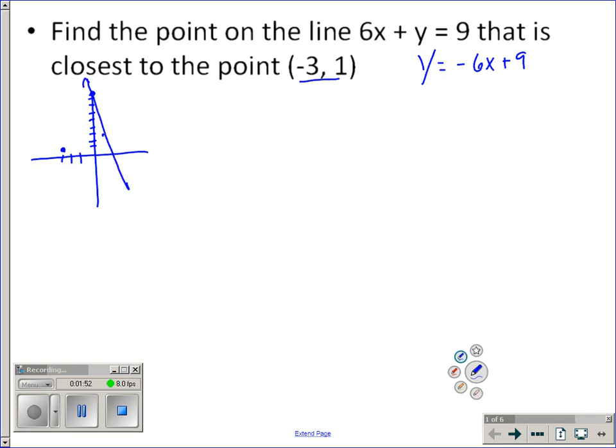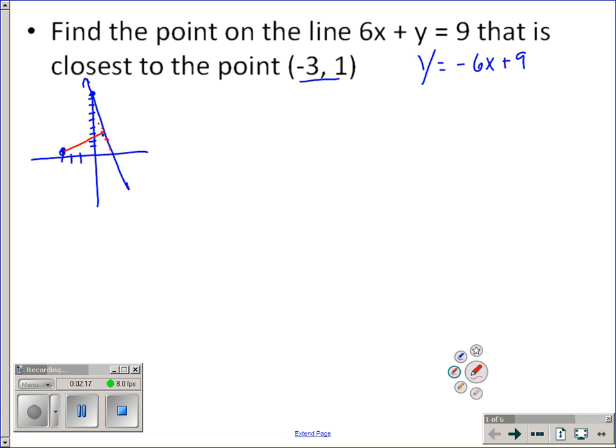All right, so what this question is asking is: if I've got this function y equals here, and I've got this dot right here on the left, what is the point on this curve, somewhere on here, that is closest to my point negative 3, 1?